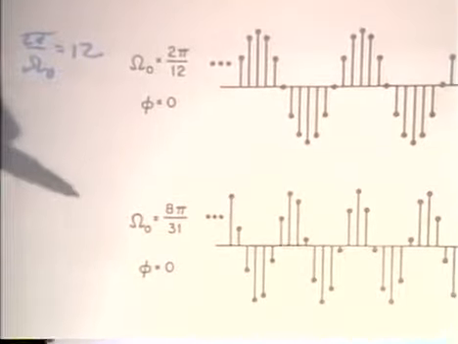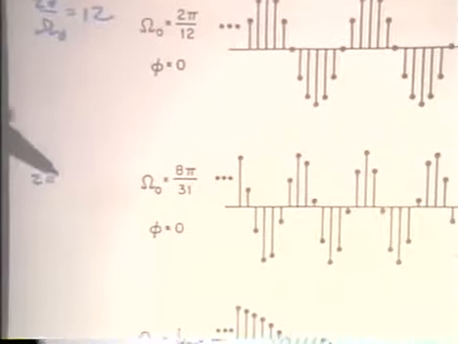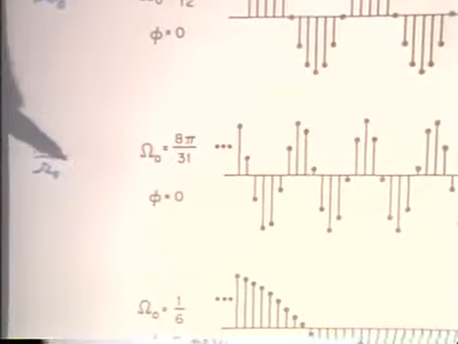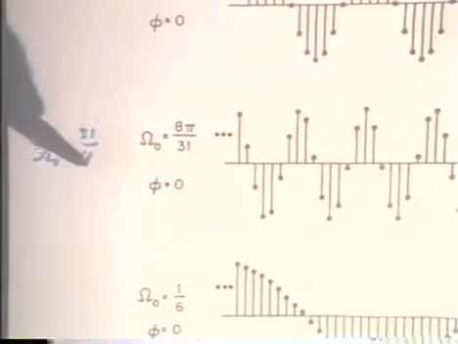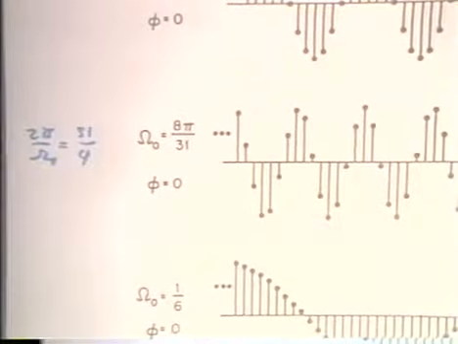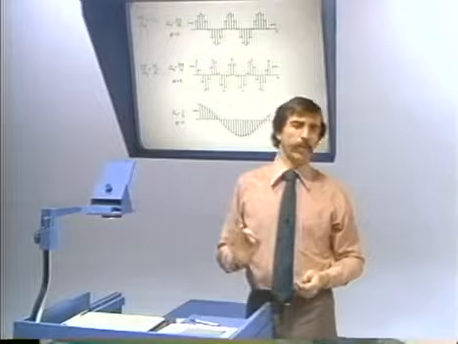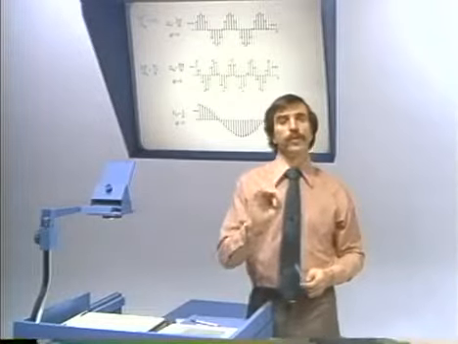All right, let's look at the next one. We would have 2 pi over omega 0 again, and that's equal to 31/4. So what that says is that the period is 31/4. But wait a minute. 31/4 isn't an integer. We have to multiply that by an integer to get another integer.